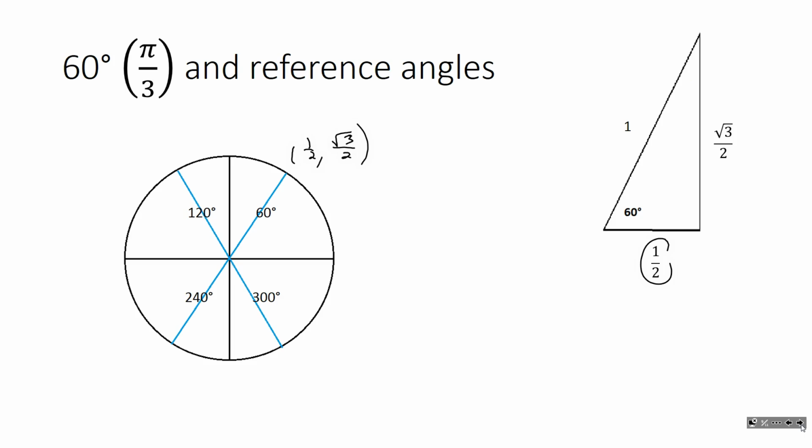So for instance, from 120 to the x-axis, that's 60 degrees. So again, all we have to do is make the appropriate changes in signs. And there we are.